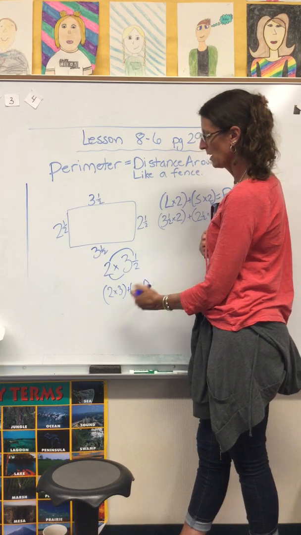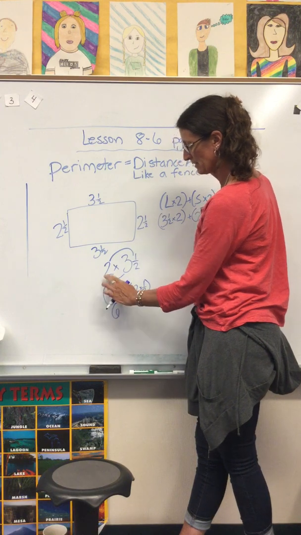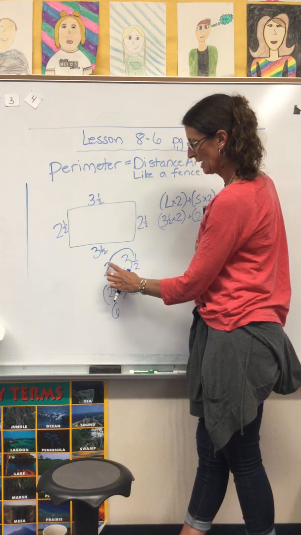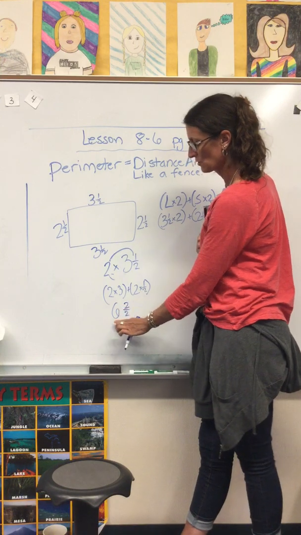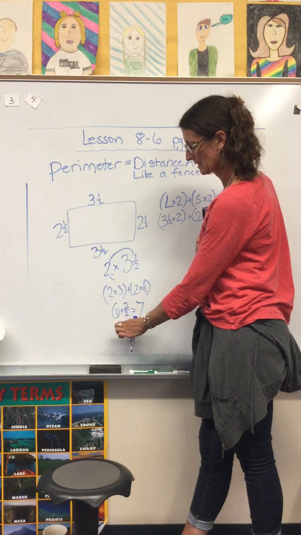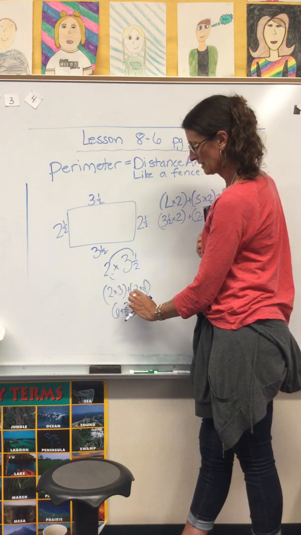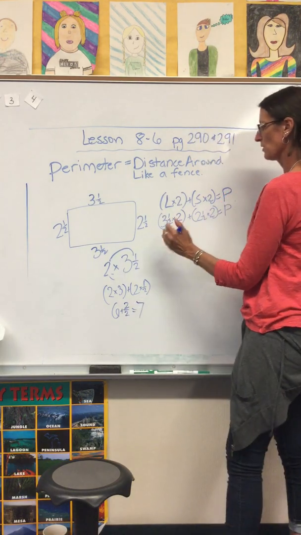Okay. So 2 times 3 is 6. And 2 times 1/2 is 2 halves. So that total would be 7. Okay, because 2 times 3 is 6, and then 2 times 1/2 is 2 halves. So that total is 7. So here we have 7.